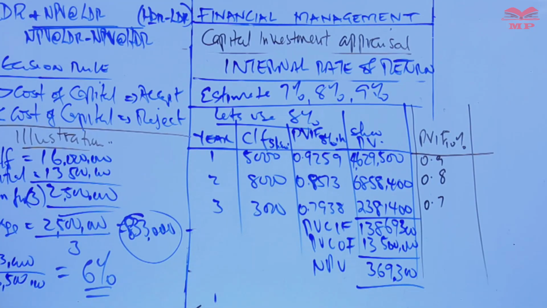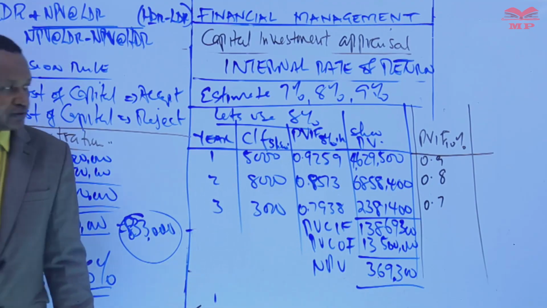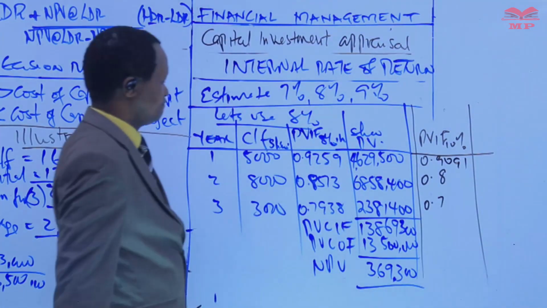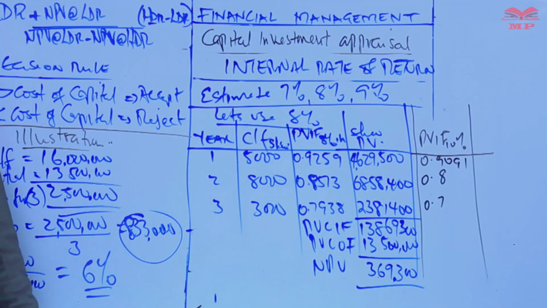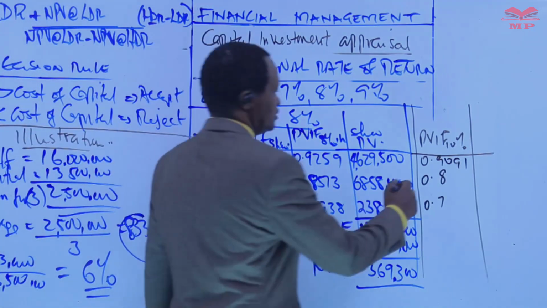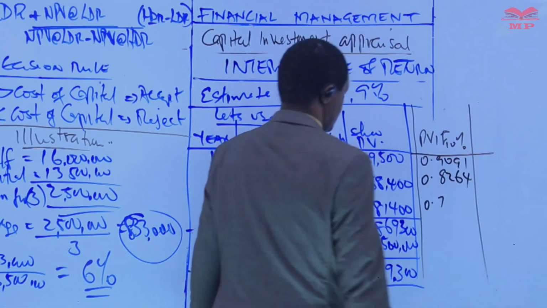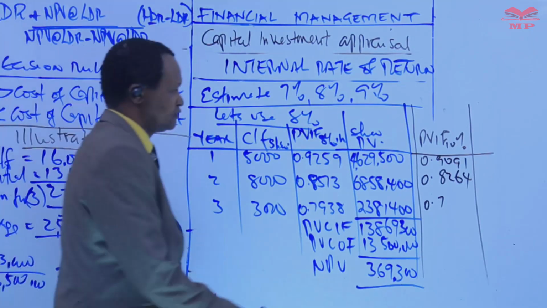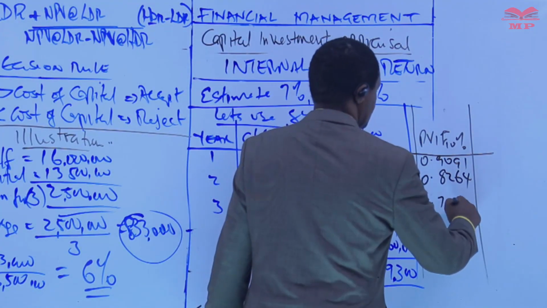Year 1, 90.91. 2 years, 82.64. 3 years, 75.13.